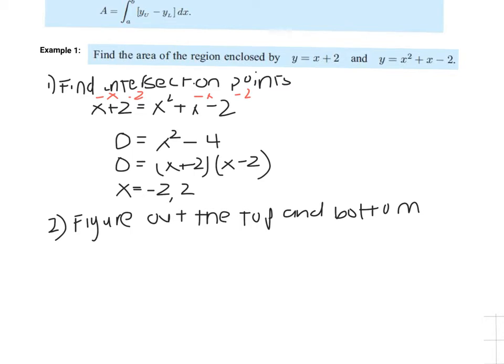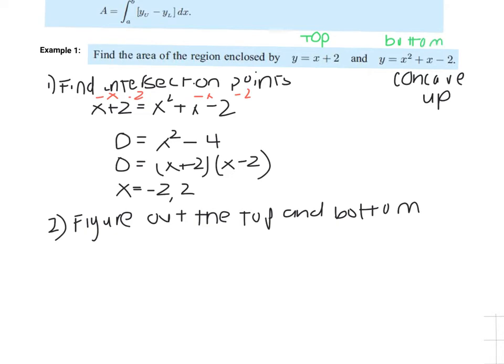So y equals x plus 2 is linear with a y-intercept of 2. And we have a parabolic function or parabola that opens upwards. It's concave up. And it has a y-intercept of -2. I'd be willing to bet that the linear function is on top and that our parabola is the bottom.